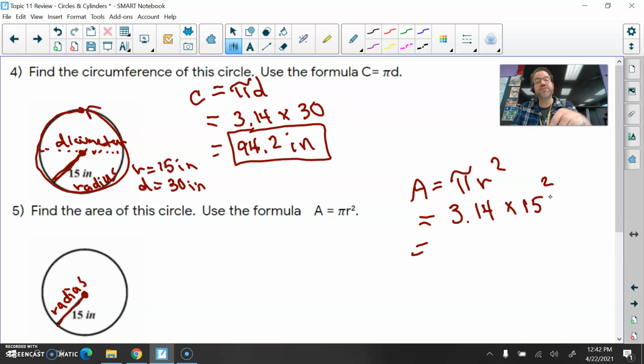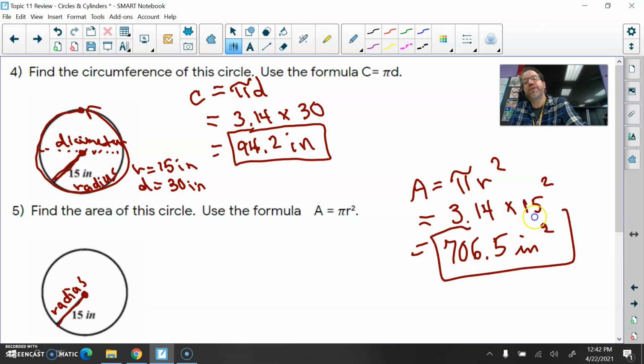And I get 706.5. It's area, so it is square units, and we're working with inches. So I'll put inches down, but then it is squared. 706.5 square inches. Okay, is that pretty easy, finding the circumference and finding the area? They're pretty easy, aren't they? Pretty quick and easy to do.